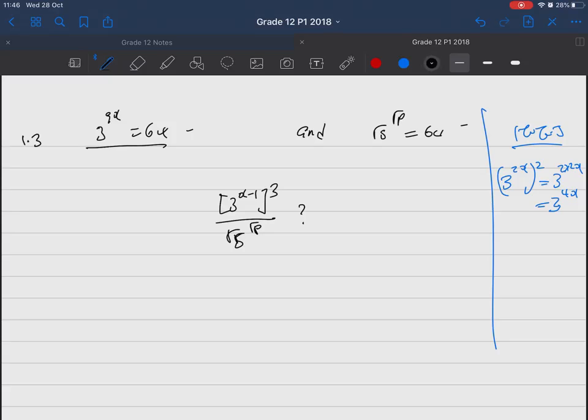So that's what we're going to do here. This is the same as 3 power 3x times 3, which is equal to 64. You know that, right?